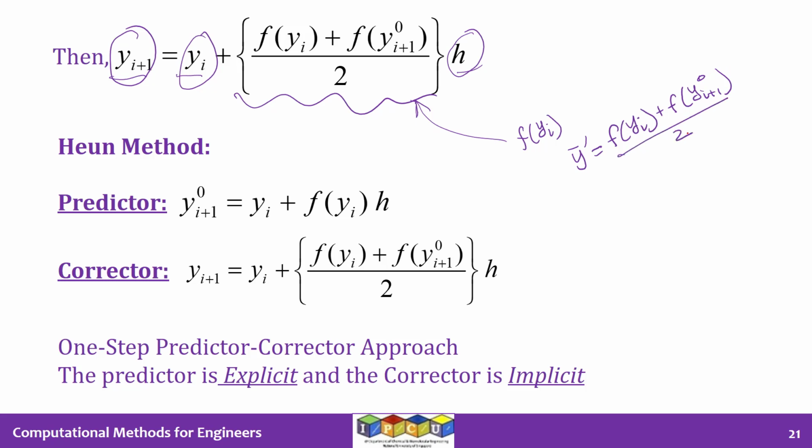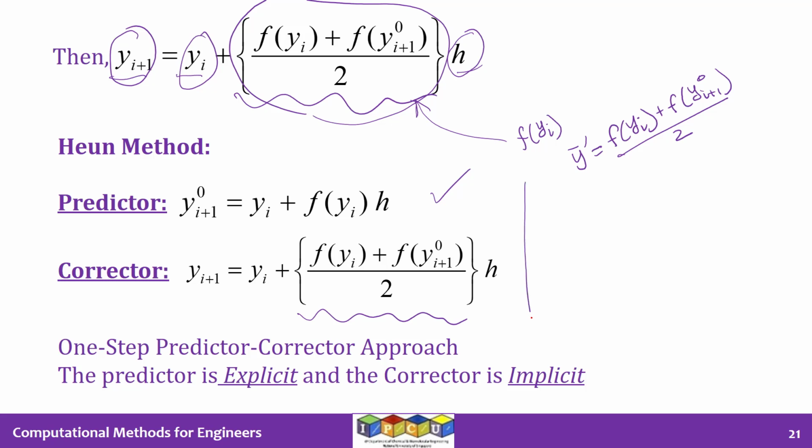So you replace f(y_i) by the average estimate of the slope. That is Heun's method. So the predictor step is the Euler scheme. In Heun's method, the corrector step is replacing the slope at the beginning of the interval by an estimate of the average slope in the interval.